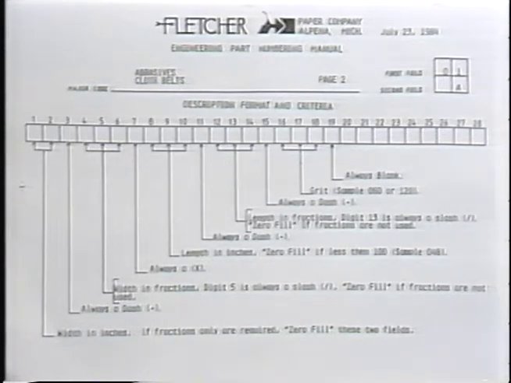And in the major code, we indicate we're in abrasives, and below that we have cloth belts. And you'll notice there is a page number 2, and that page number 2 is the second page for the part number and description series abrasives. Okay?